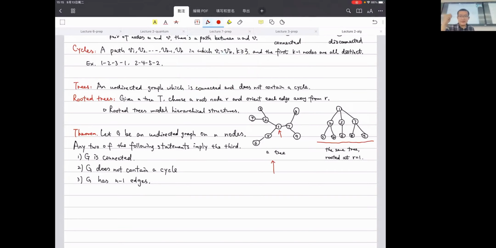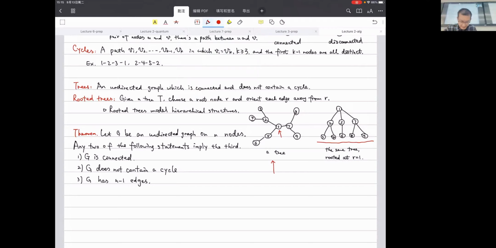By the indexing of the nodes, it is clearly seen that this graph has 9 vertices. So what is the number of edges? It is not very difficult to check that this graph actually has 8 edges. Think about how you would like to draw a tree here.